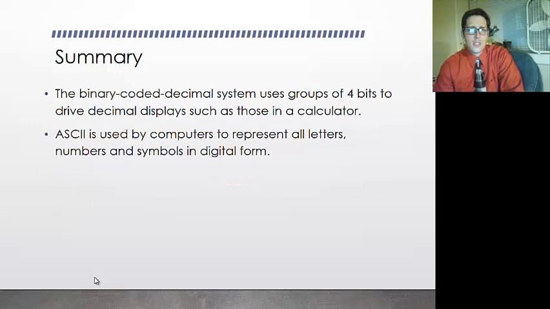The binary coded decimal system uses 4 bits to drive decimal displays, such as those in a calculator. ASCII is used by computers to represent all letters, numbers, and symbols in digital form.